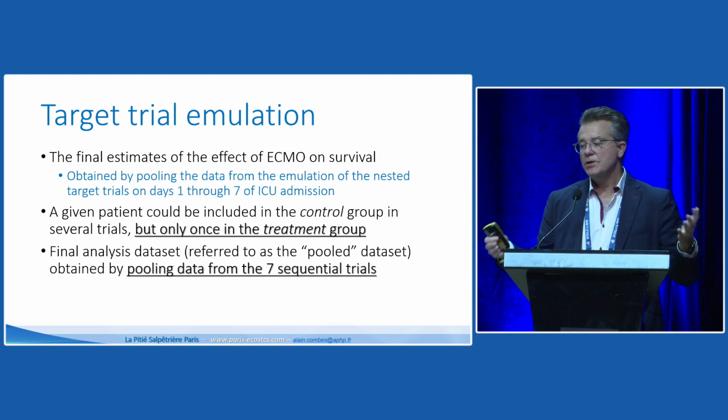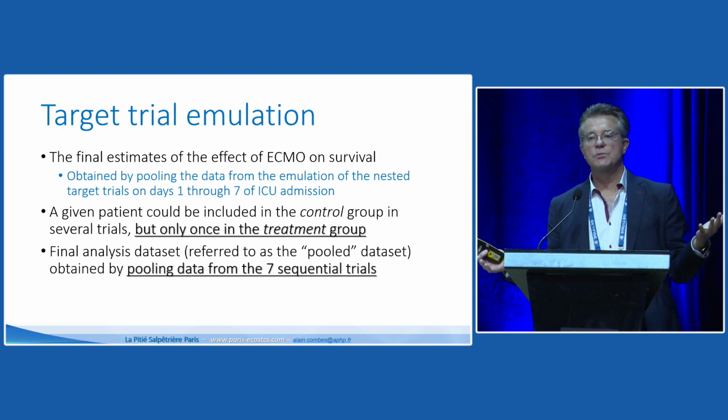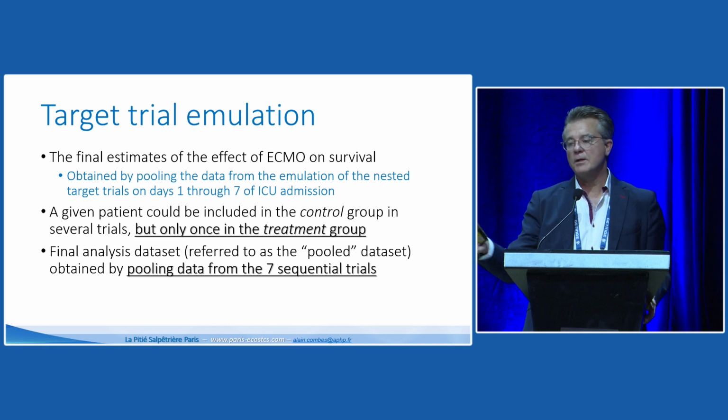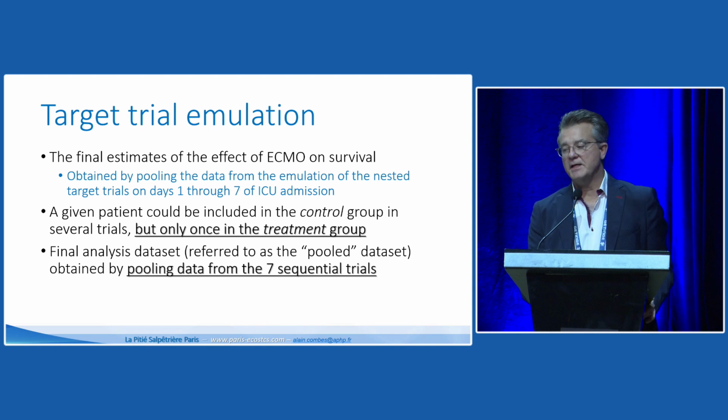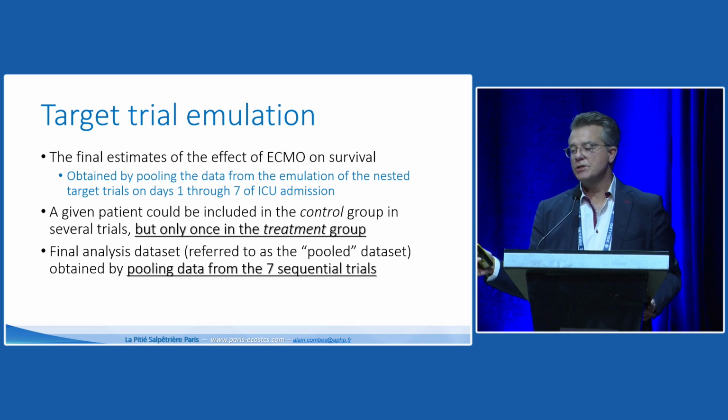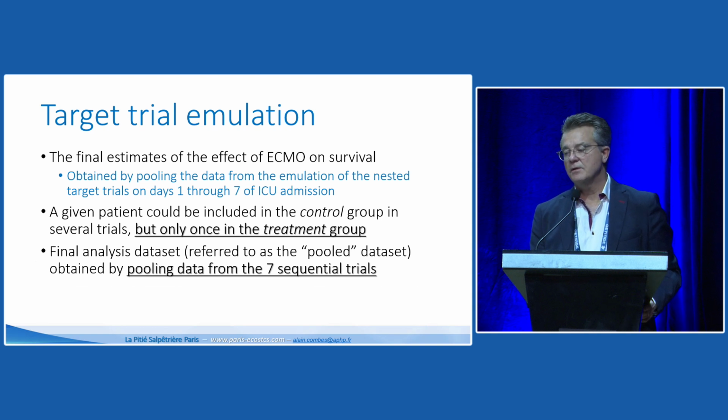And at the end, you have 7 small trials which at some point will be combined to form the target trial emulation, which will allow you to estimate the final effect of ECMO on survival. So a given patient could be included in the control group in several trials. If he never gets ECMO, he will be in the 7 trials. If a patient gets ECMO, he gets into the ECMO sub-trial on the day he receives ECMO.